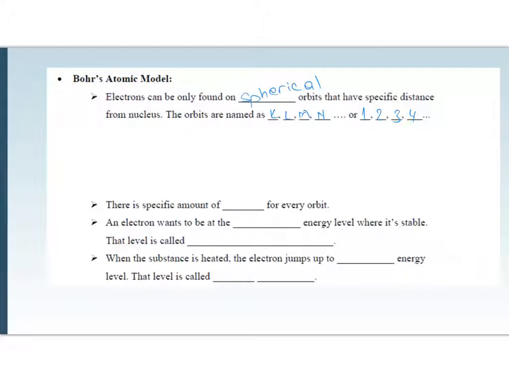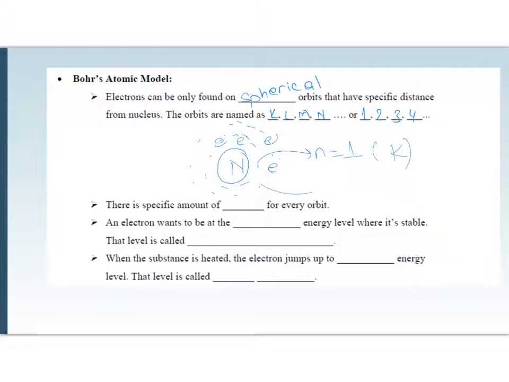So if you would like to draw Bohr's atomic model, in the center we have the nucleus, and around the nucleus we have the orbits, and on those orbits we have the electrons. This is the first energy level, which has the lowest energy, and it is also named the K shell.